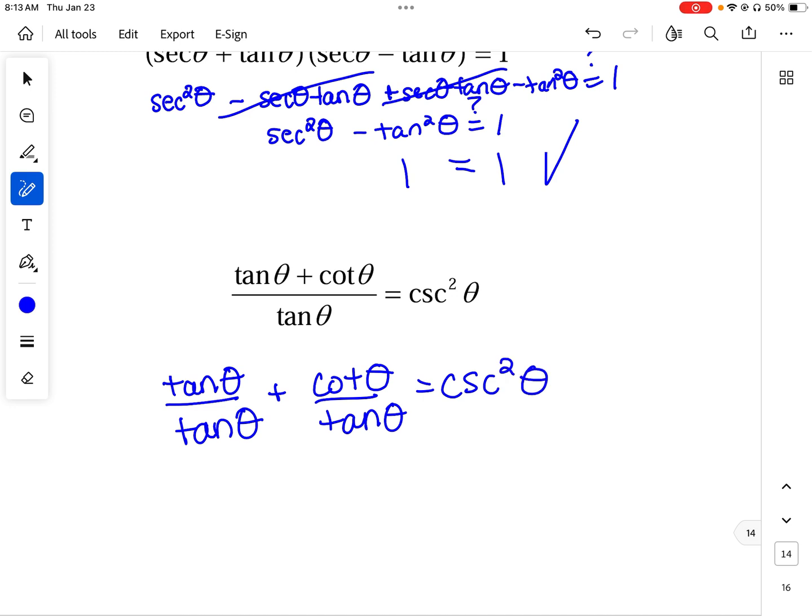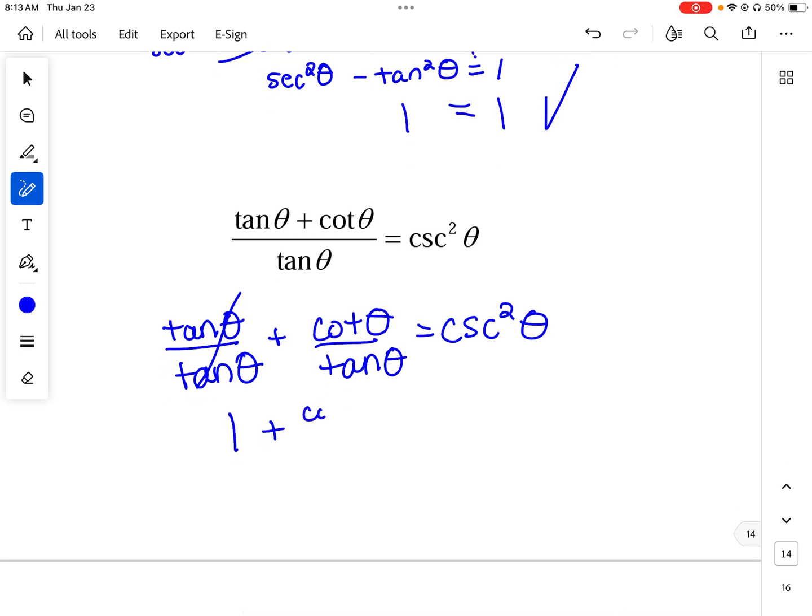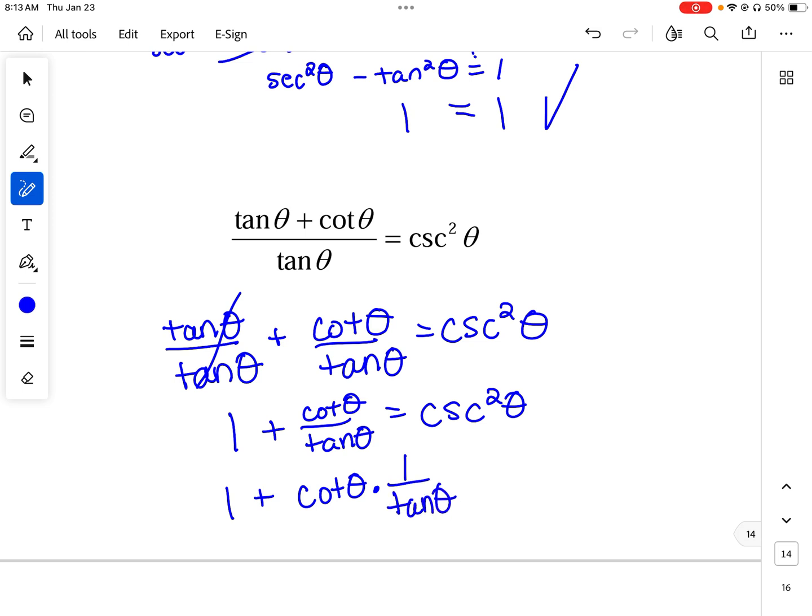All right, tan theta over tan theta gives us 1. So 1 plus, let's go ahead and keep this, cotan theta over tan theta equals cosecant squared theta. All right, so 1 plus, I'm going to break this up to be cotan theta times 1 over tan theta.